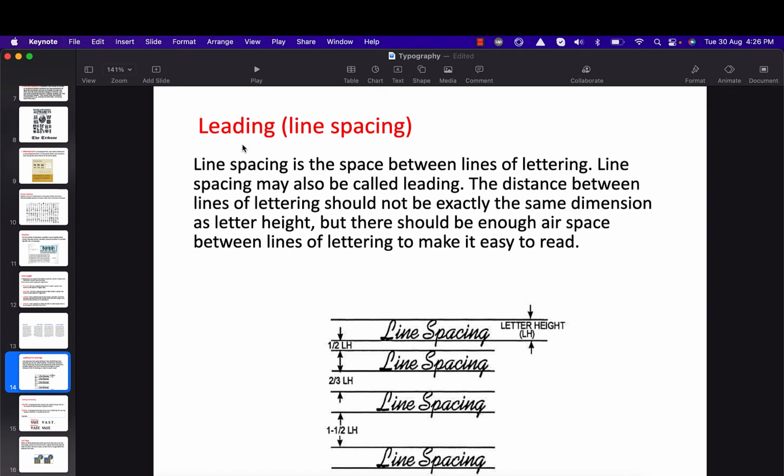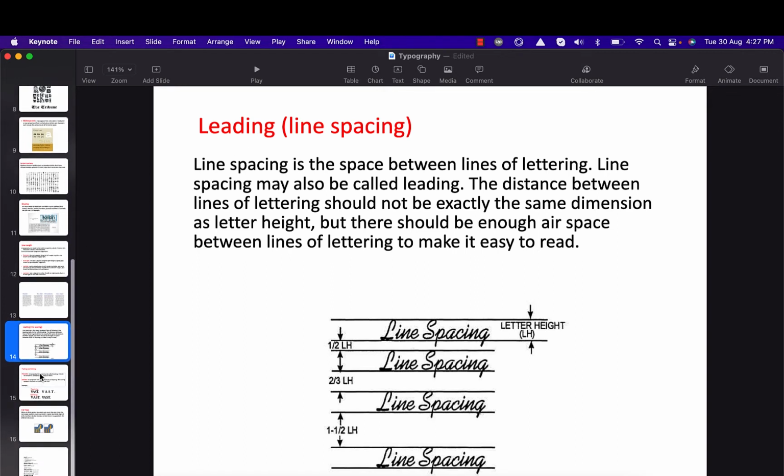Then we have leading. These next two slides are very, very important. The whole of typography as related to design is in these two next slides. Even the whole 15 slides are very important, but these two slides you have to understand with examples.